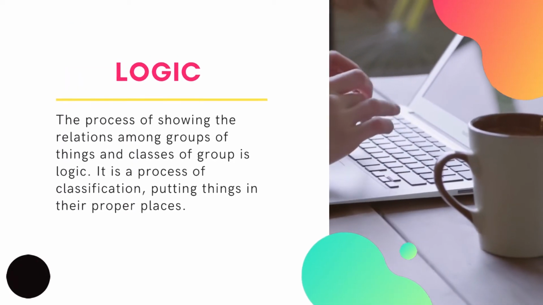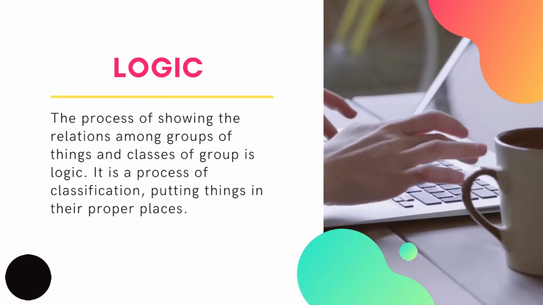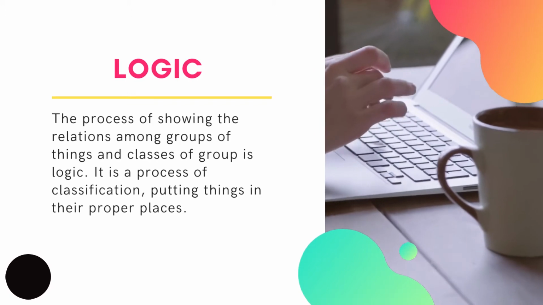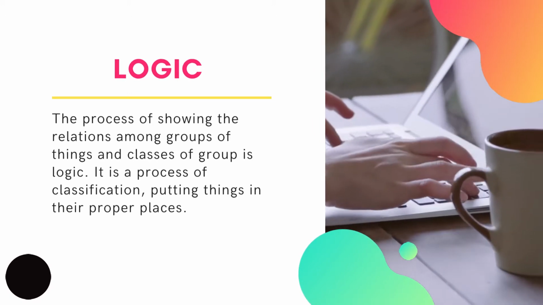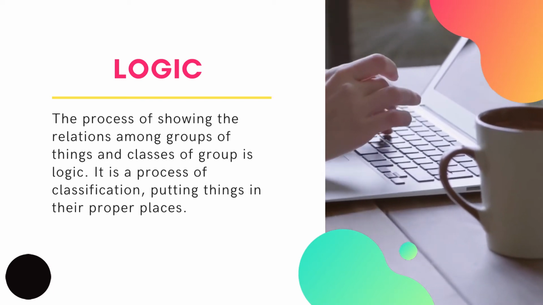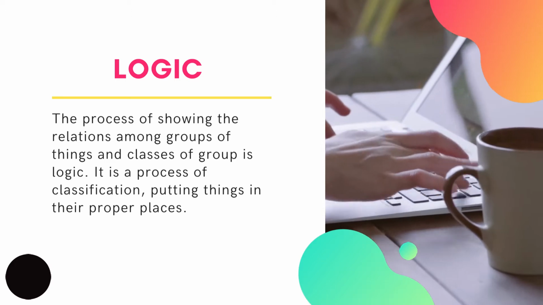Next, we have L for logic. The process of showing the relations among groups of things and classes of groups is logic. It is a process of classification, putting things in their proper places.